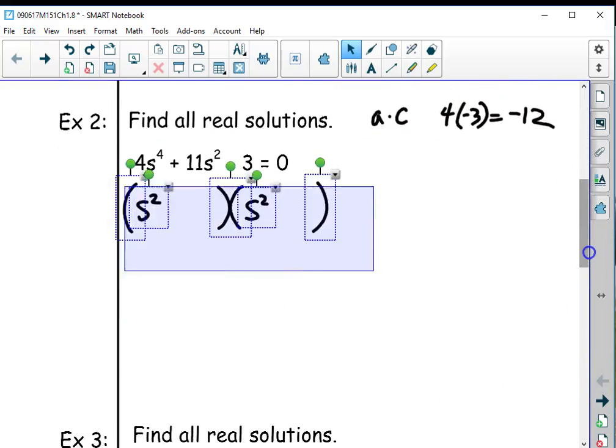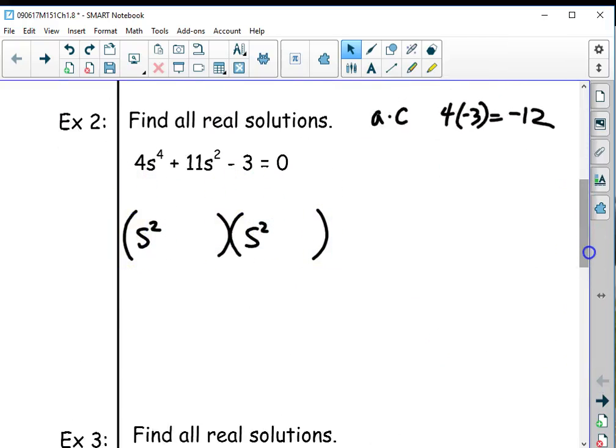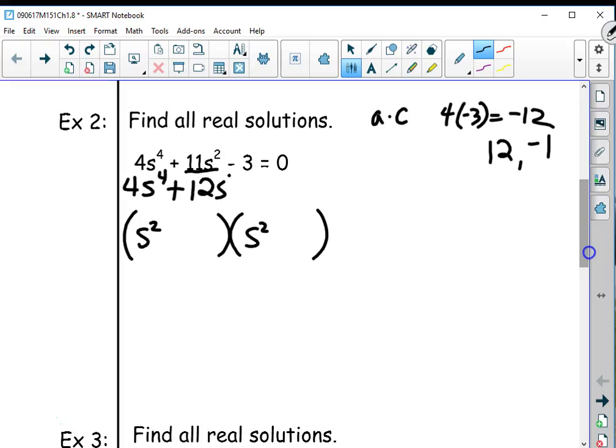I was trying to move this because I really want to add an extra step in here. All right, so factors of negative 12 that'll give me positive 11 is going to be a positive 12 combined with a negative 1. So instead of aiming at that negative 11s squared, I'm going to aim at something a little bit easier. Positive 12s squared minus 1s squared minus 3.